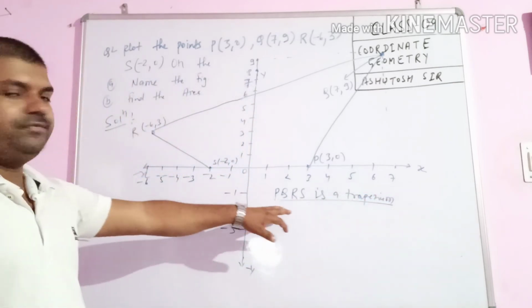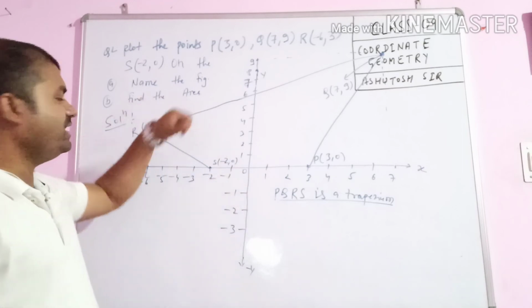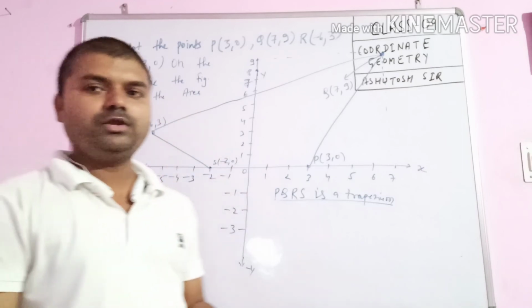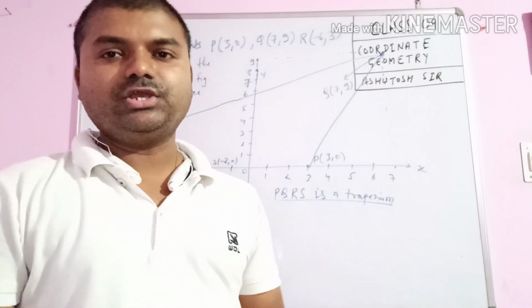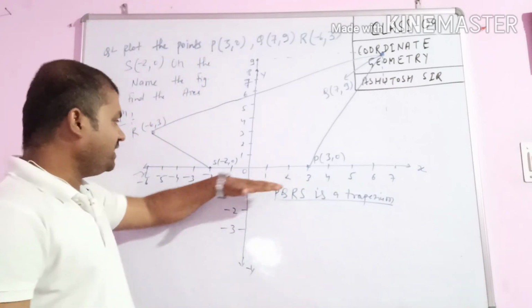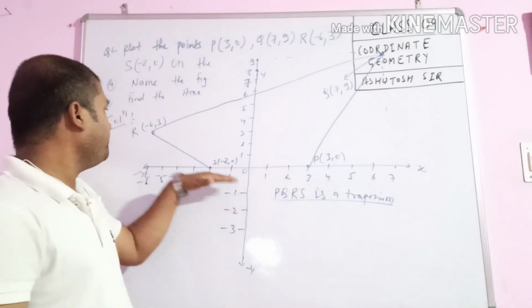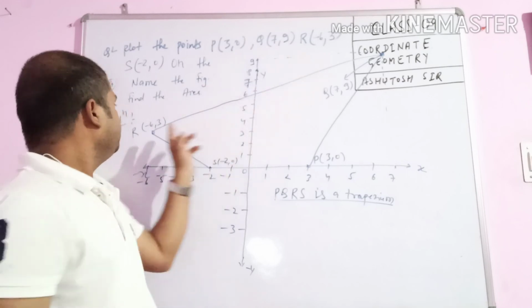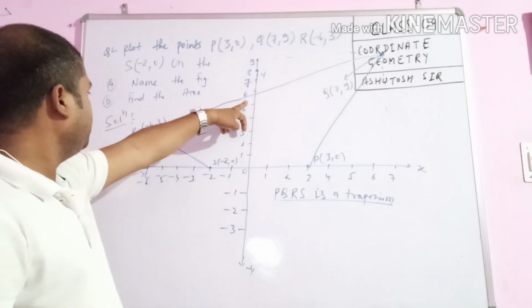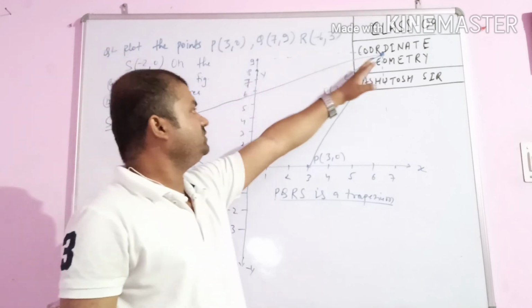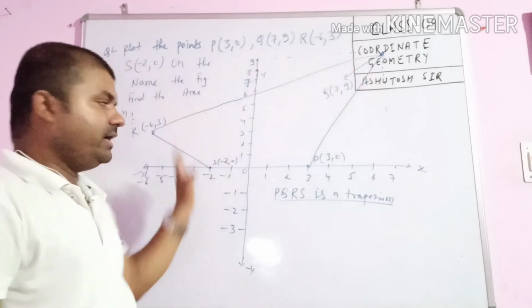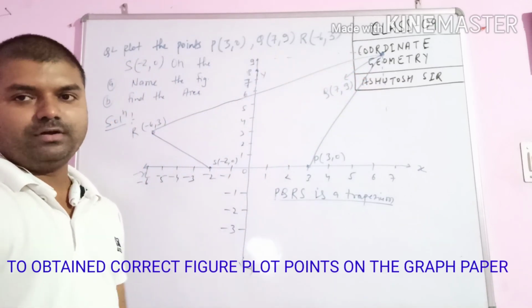After obtaining the figure of the trapezium, we find the area of the trapezium. Use the formula 1/2 sum of parallel sides into height. The sum of the parallel sides: -2 to 3 is 5 here, and this one is 6 units, or this side is 7 units. Then add and solve for the area.